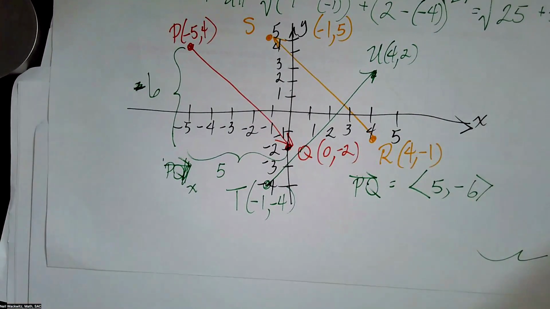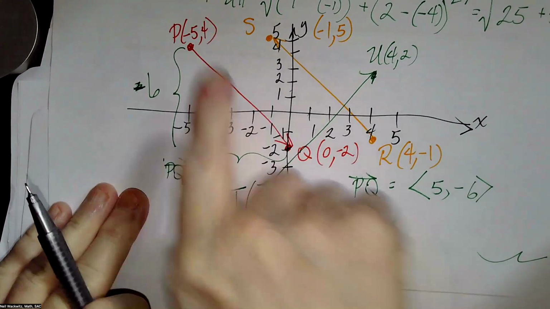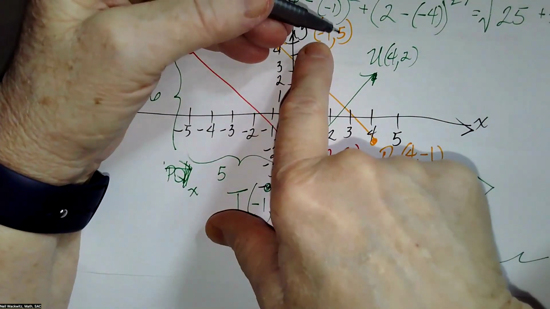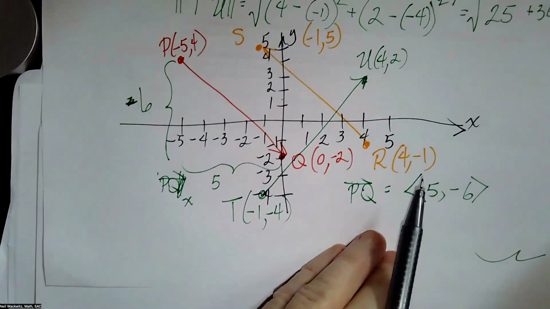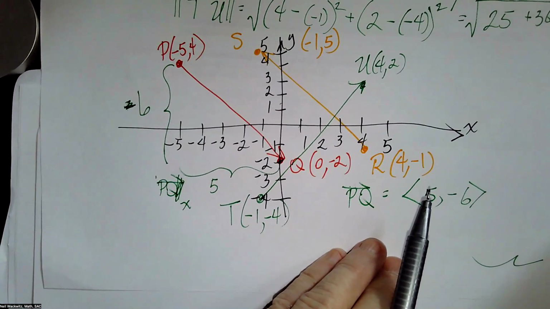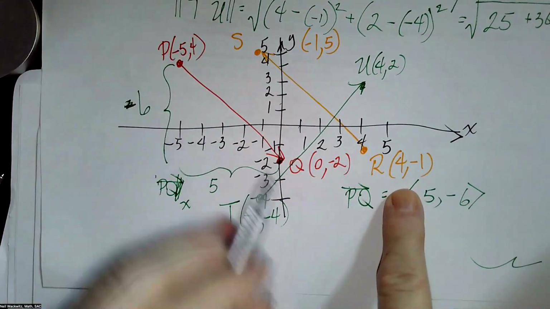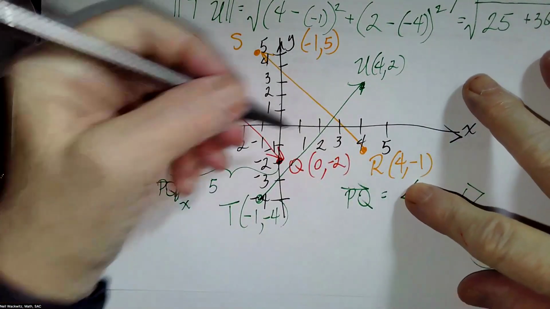And what about SR? Let's see. We start at 4 and we go back to -1.